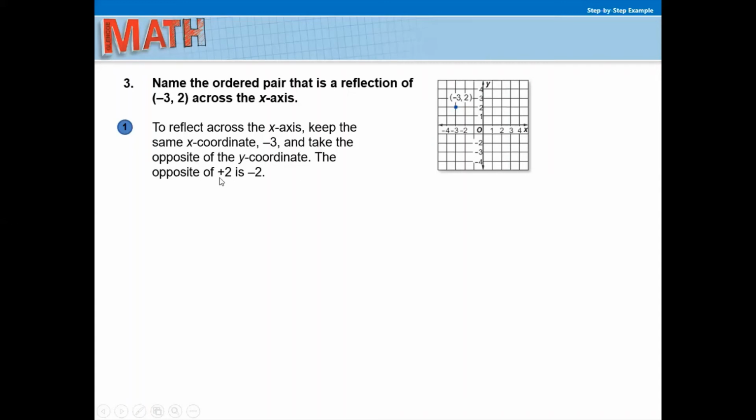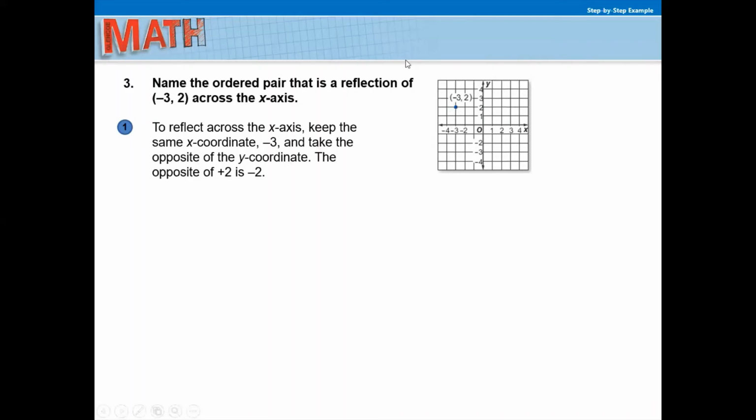The opposite of +2 is -2. So we see that -3, 2 is here in quadrant 2, and we want to reflect it across the x-axis. The x stays the same, and we're 2 jumps up above the number line.